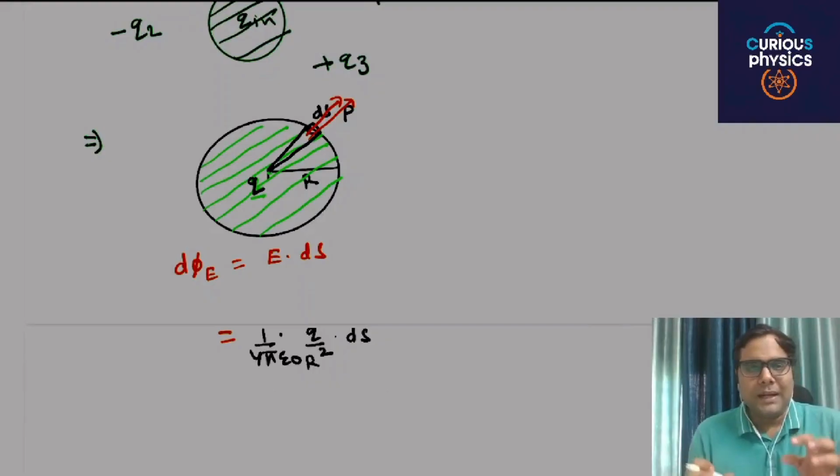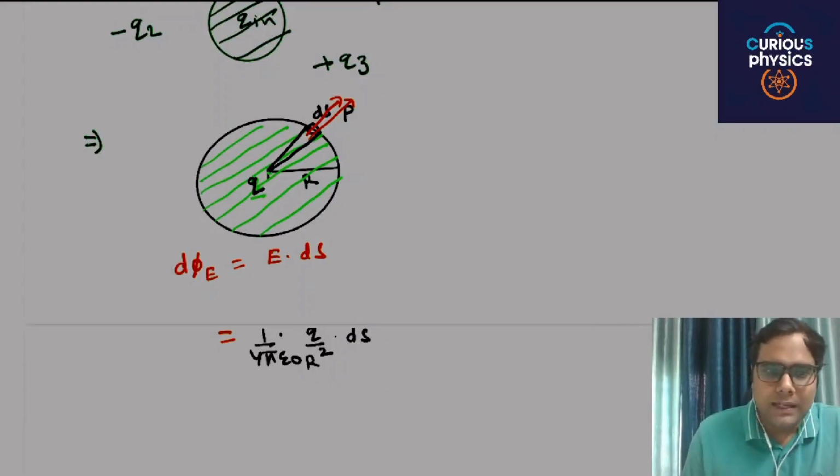This is the small electric flux passing through an area dS.